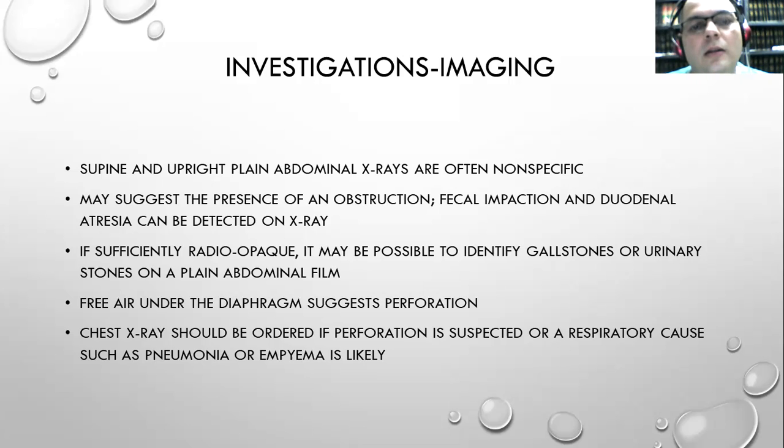When you give an injectable radio opaque dye, which is excreted either through the gallbladder or through the kidney, you might be able to find a stone obstructing the pathway of the bile or the urine. Free air under the diaphragm suggests perforation, which we have already spoken of, and a chest X-ray should be ordered if perforation is suspected or a respiratory cause such as pneumonia or empyema is likely to be a cause of pain in the abdomen.